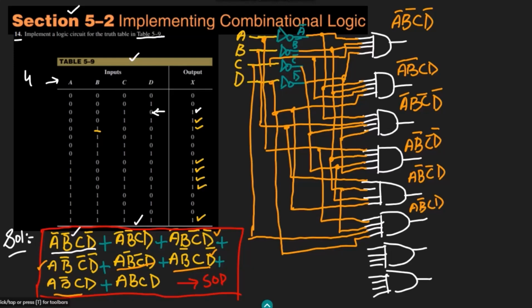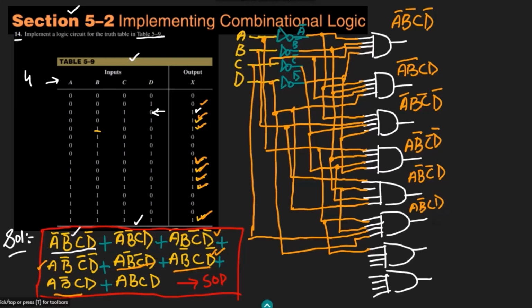So the A will be from here, and the B complemented term. I think I have made a mistake here because here it was the D complement, and this was the D complemented term. Previously I have used this one, so let me use this one here.